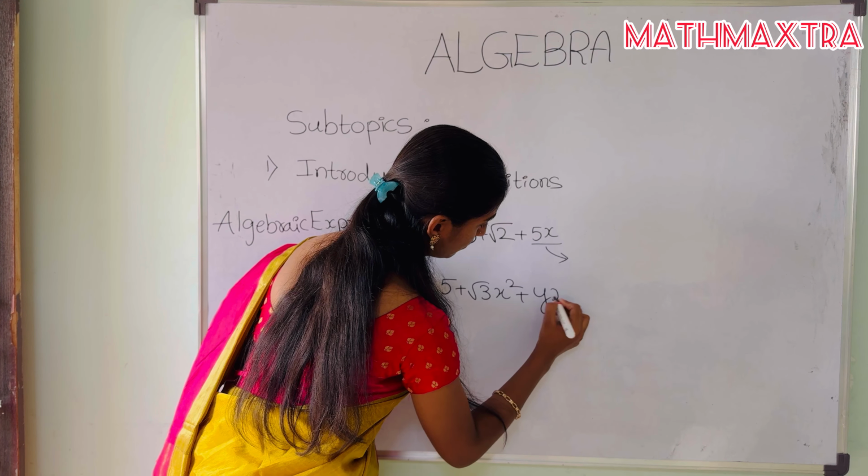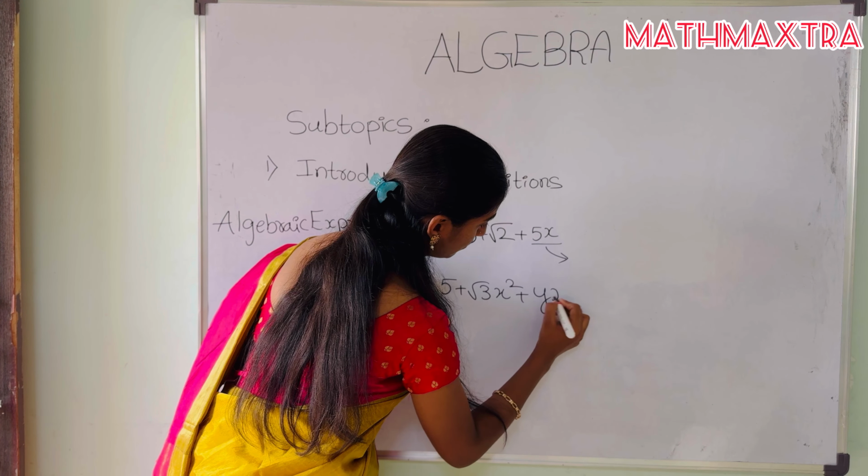Our next definition is like terms. What are like terms? You take two terms. When we say those two terms are like terms, they should have one common thing. What is that common thing? It is the variable.